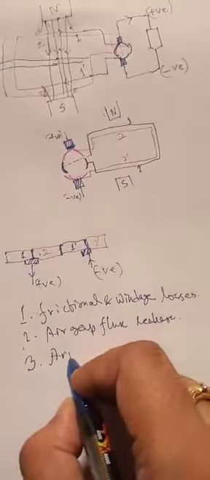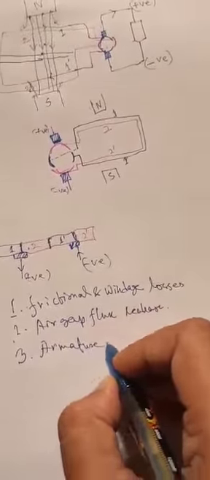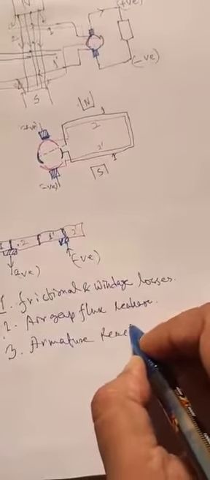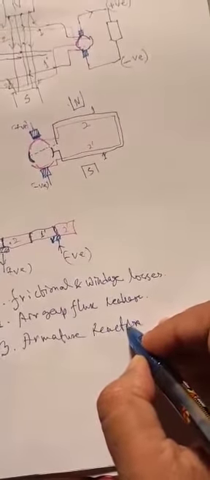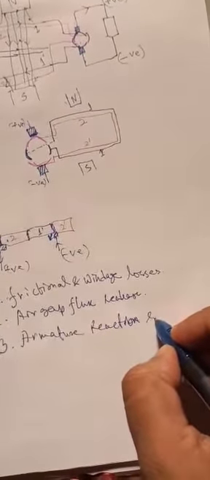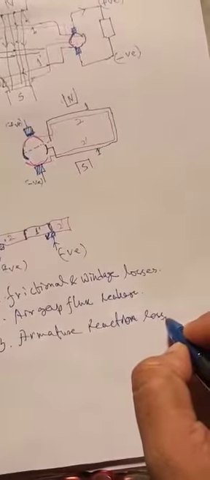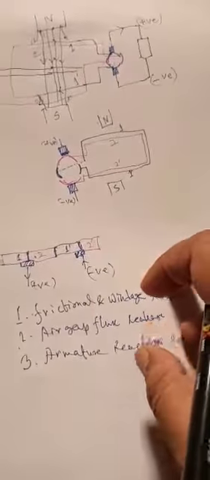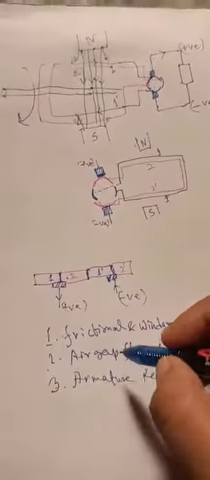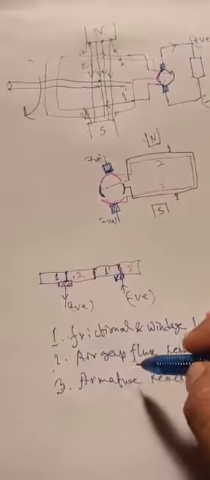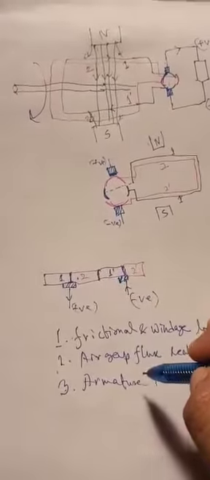This is armature reaction loss, and these 2 and 3 are actually mostly decreasing the MMF of the field.